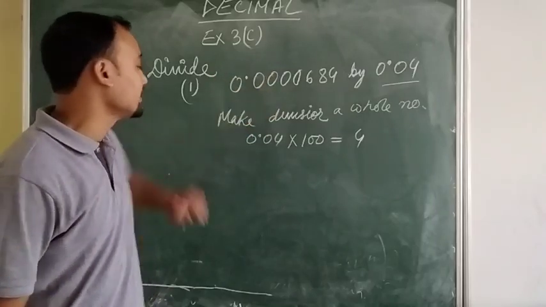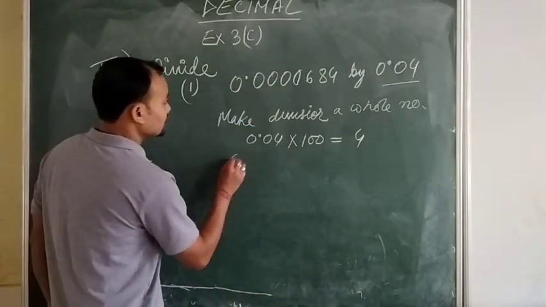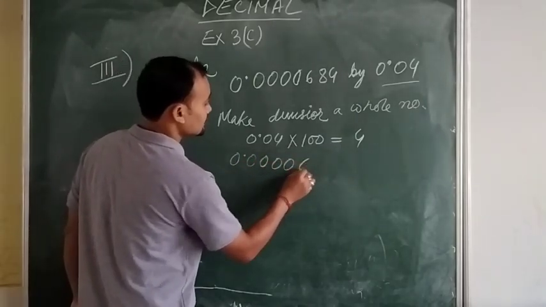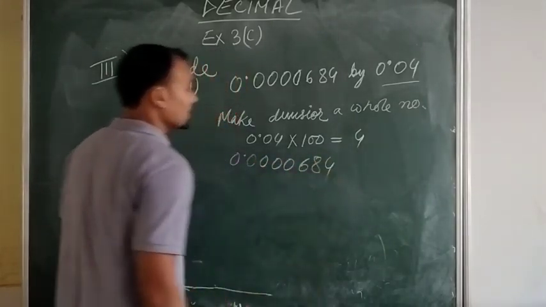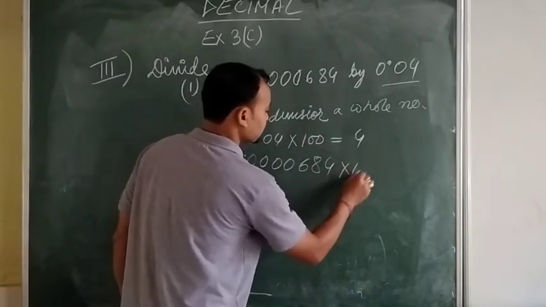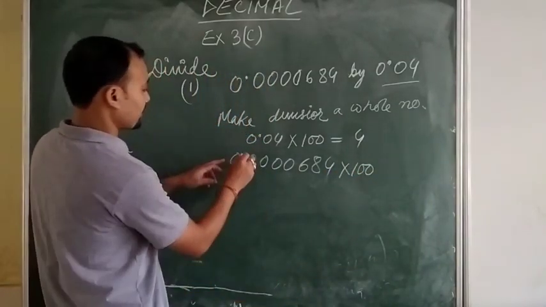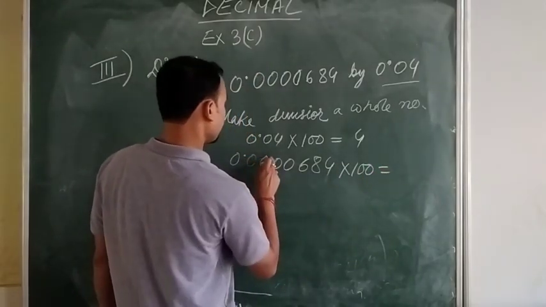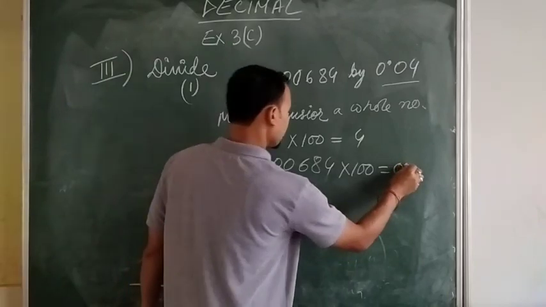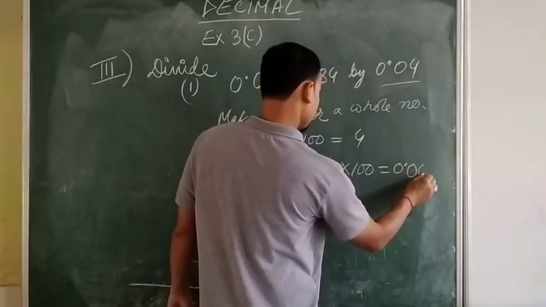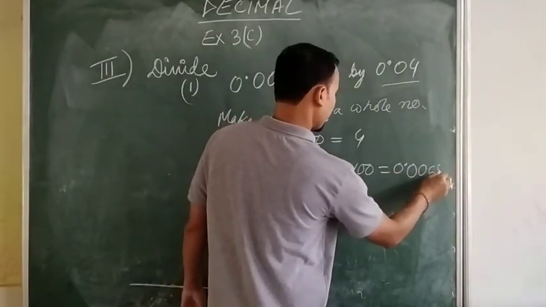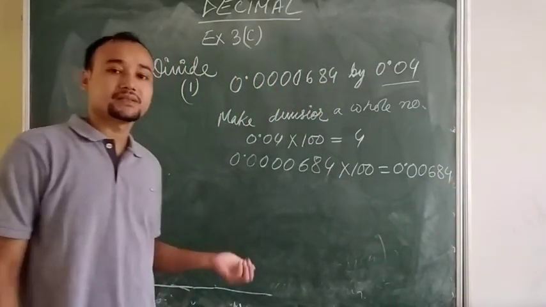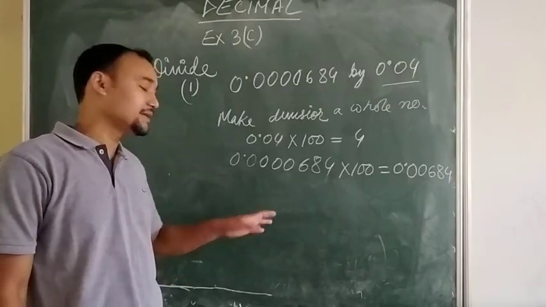Which one is the dividend? This is the dividend. 0.0000684 needs to be multiplied by 100. The point shifts 2 places right, so this becomes 0.00684.